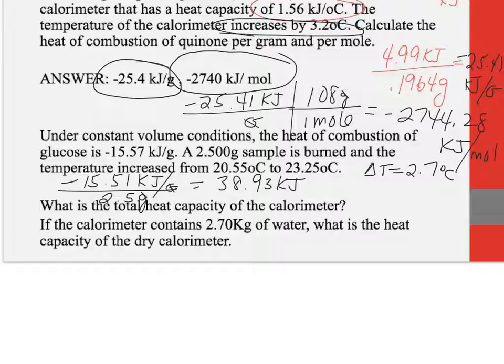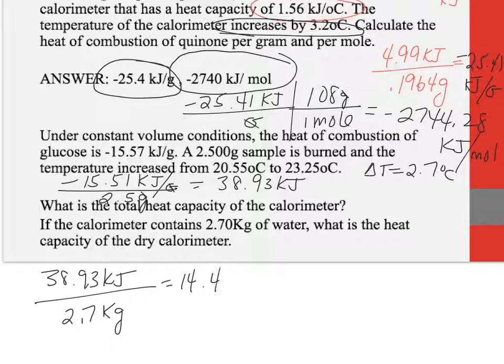And now they want to know what is the total heat capacity of this calorimeter if the calorimeter contains 2.7 kilograms of water. What is the capacity of the dry calorimeter? Okay, so if we take our 38.93 kilojoules and we divide it by our 2.7 degrees, we are going to get 14.4 kilojoules per degree Celsius.